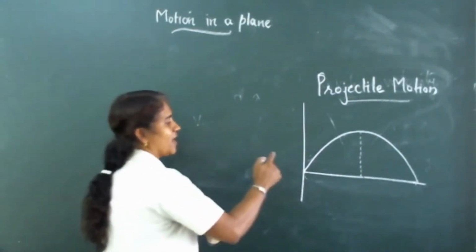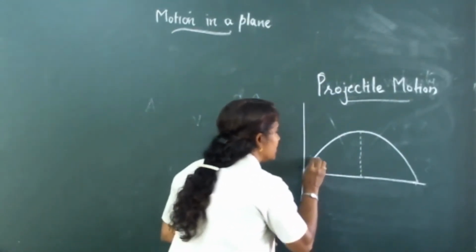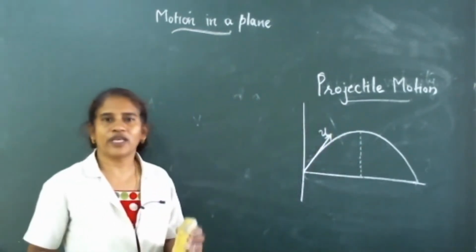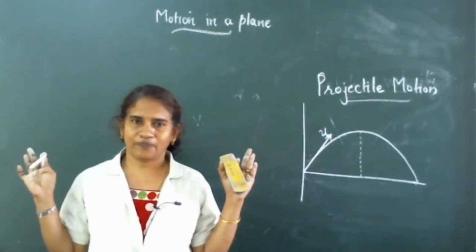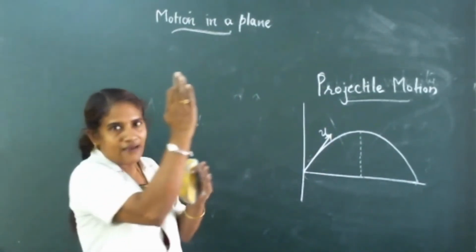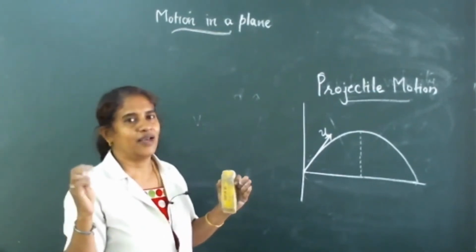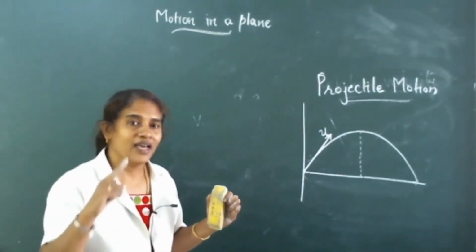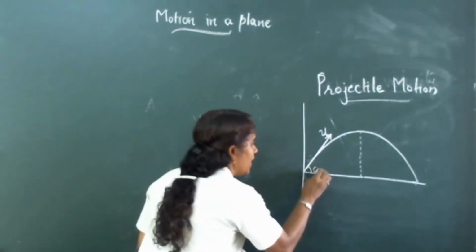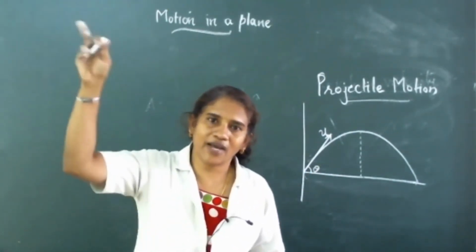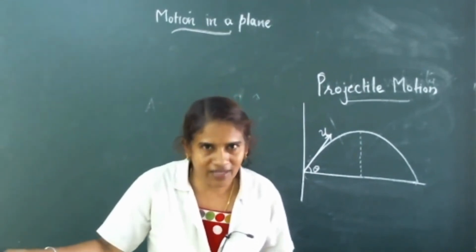Therefore, when we are considering this body's movement, let the velocity of the body be u, the starting velocity. It has an x component as well as a y component. Let the angle be theta. The y component, the vertical component, will always be under the effect of gravity.